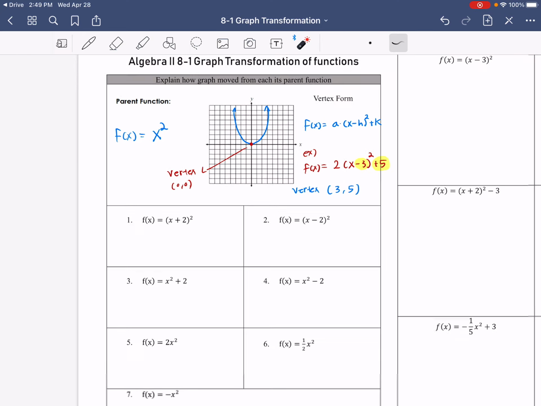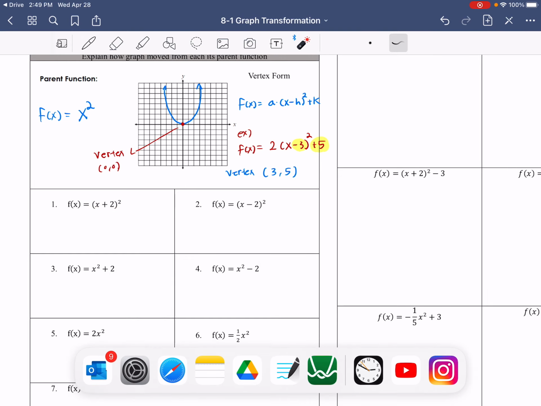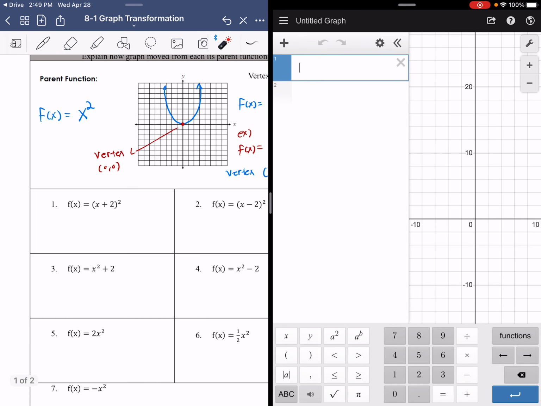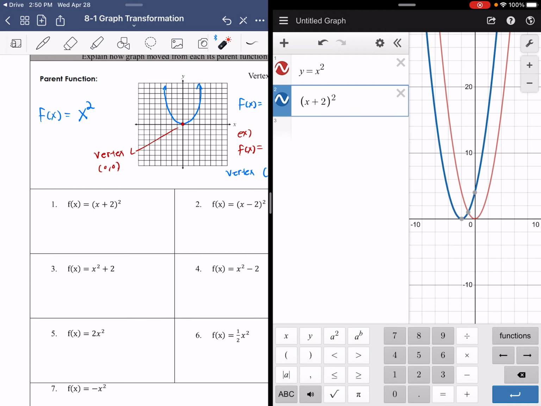So let's do this. How does a graph move from x squared if I do x plus 2? Go to Desmos. Let's do it one by one. First, let's put y equals x squared. This is the basic form, okay? Now x plus 2 squared.